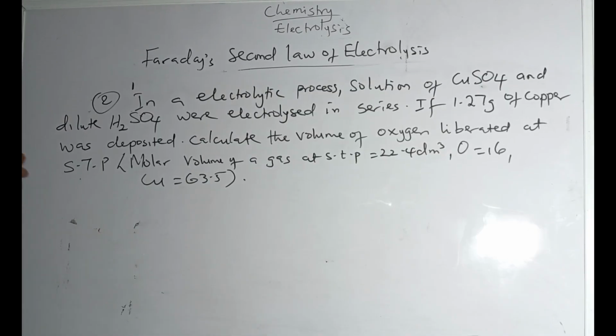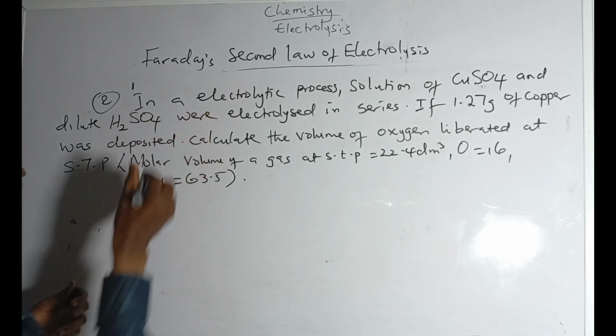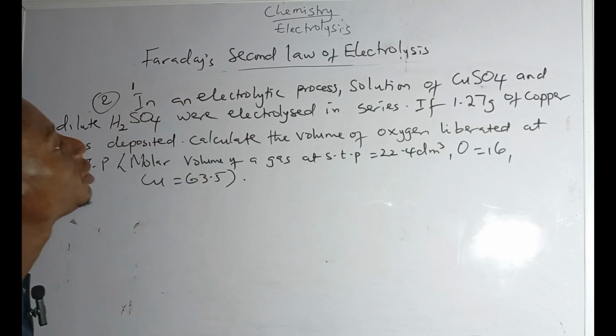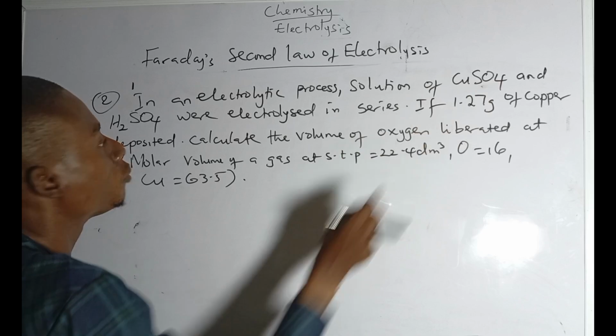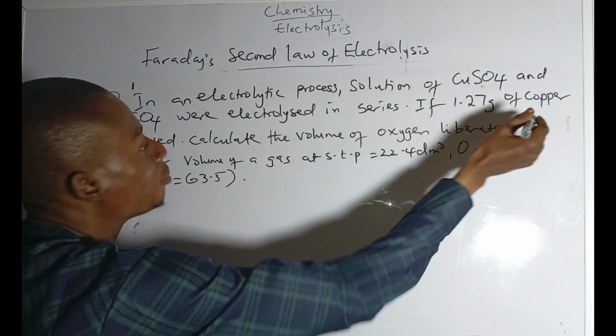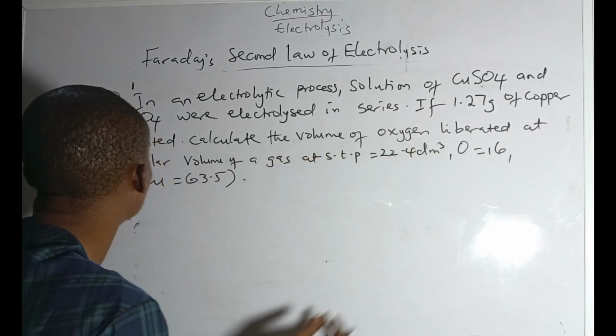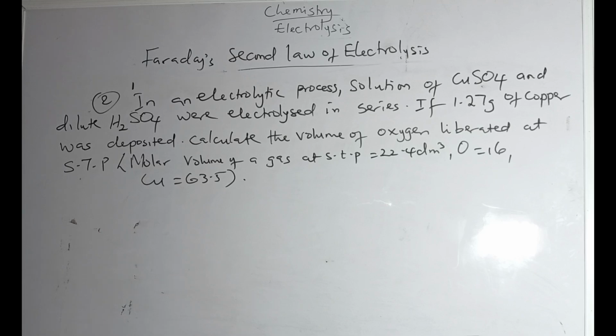Another example on second law of electrolysis. In an electrolytic process, solution of CuSO4 and H2SO4 were electrolyzed in series. If 1.27 grams of copper was deposited, calculate the volume of oxygen liberated at STP.